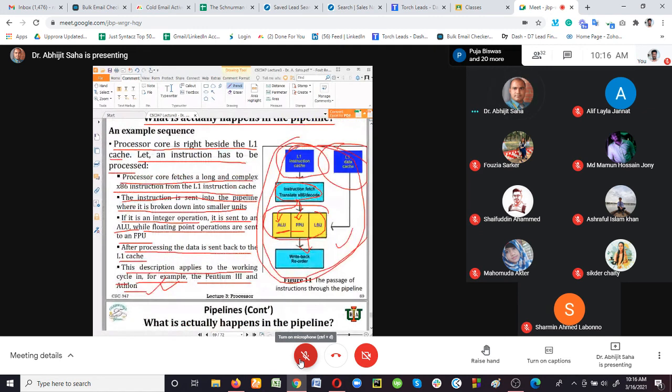After the L1 instruction cache, the next step we saw earlier was instruction fetch, translate, and 8086 decode. That has now been brought on top of the L1 cache.